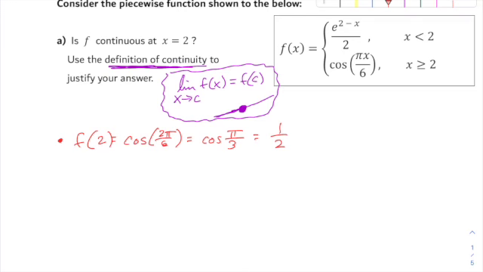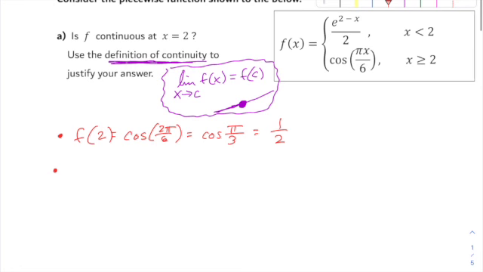And now let's check the limit. When we say the limit, that means you've got to make sure the limit from the left equals the limit from the right. So the limit as x approaches 2, I guess I'll do the right first.